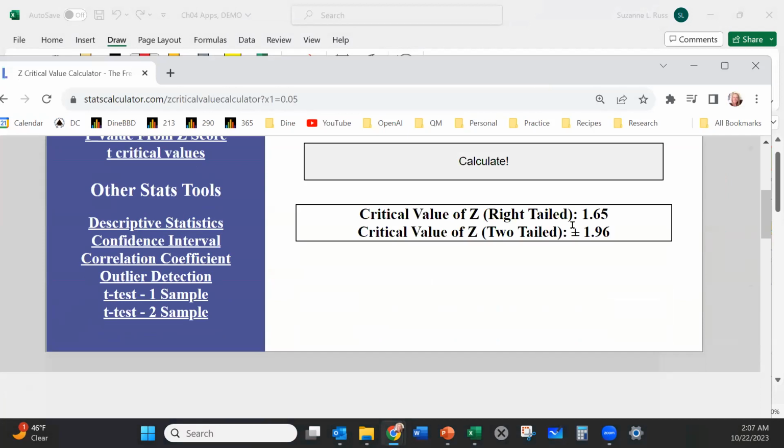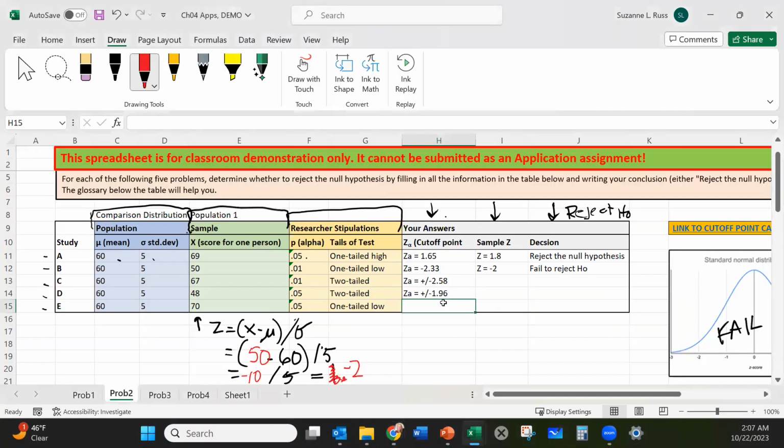And we can see that the critical value is 1.65, but we have to add the negative sign. So let's write Z alpha is negative 1.65. Next, we can calculate our z-scores, but instead of working this all out by hand, let's work it out in Excel.